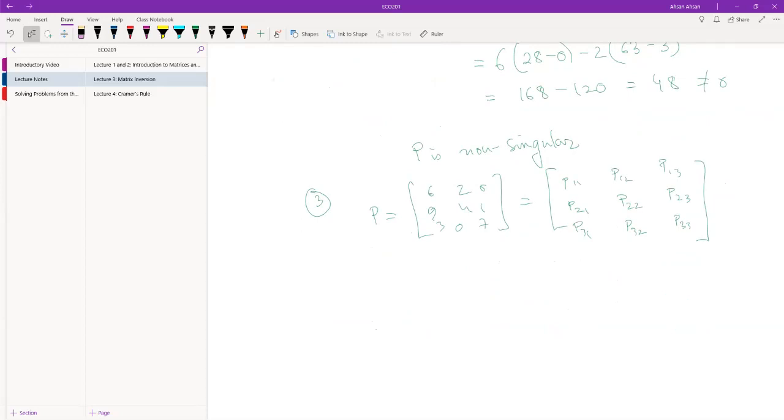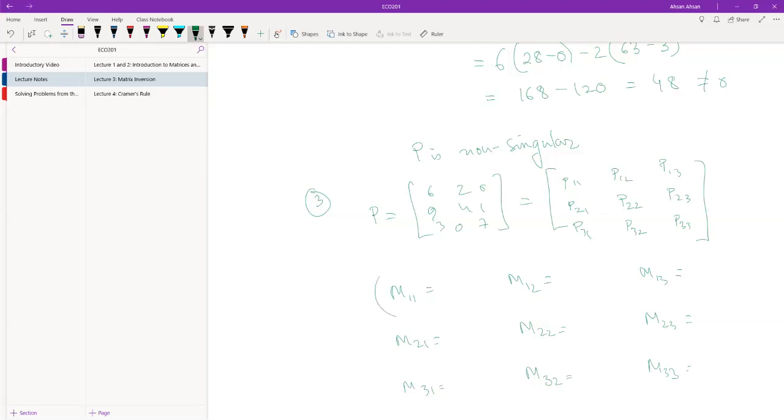So we want to find M11, M12, M13. So remember, the steps are all the same. This is just a bigger matrix. So how did we calculate the minor of the 2 by 2 matrix?